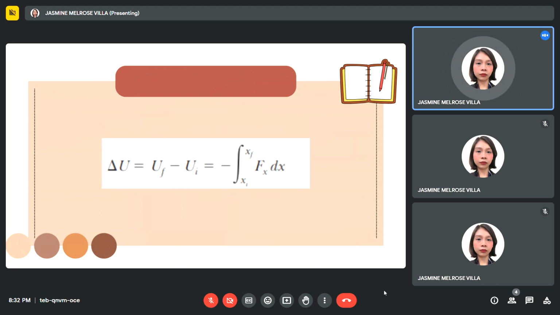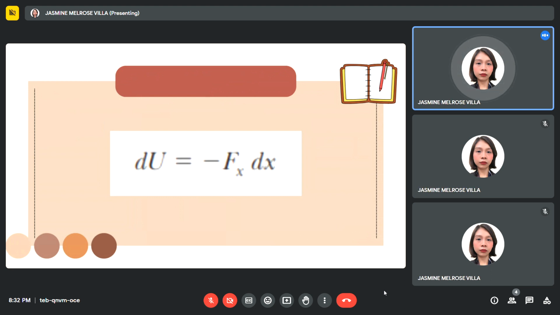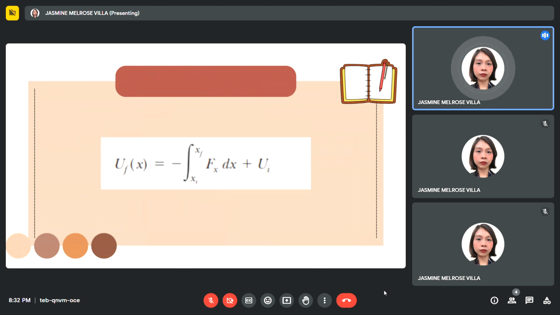We can define the potential energy function as this one. The value of potential energy is often taken to be zero at the reference configuration. It does not matter what value we assign to potential energy, because any non-zero value merely shifts U of x by a constant amount, and only the change in potential energy is physically meaningful.